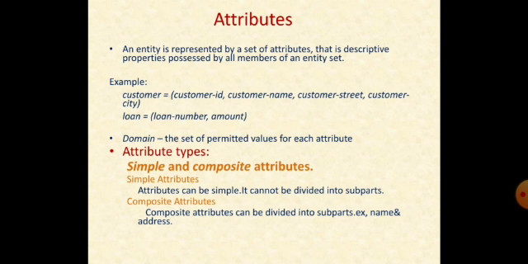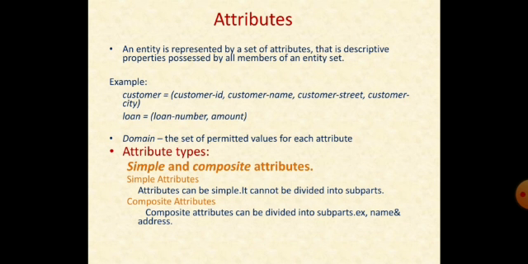So there are various types of attributes. First are simple and composite attributes. Simple attributes cannot be divided into subparts. Composite attributes can be divided into subparts.